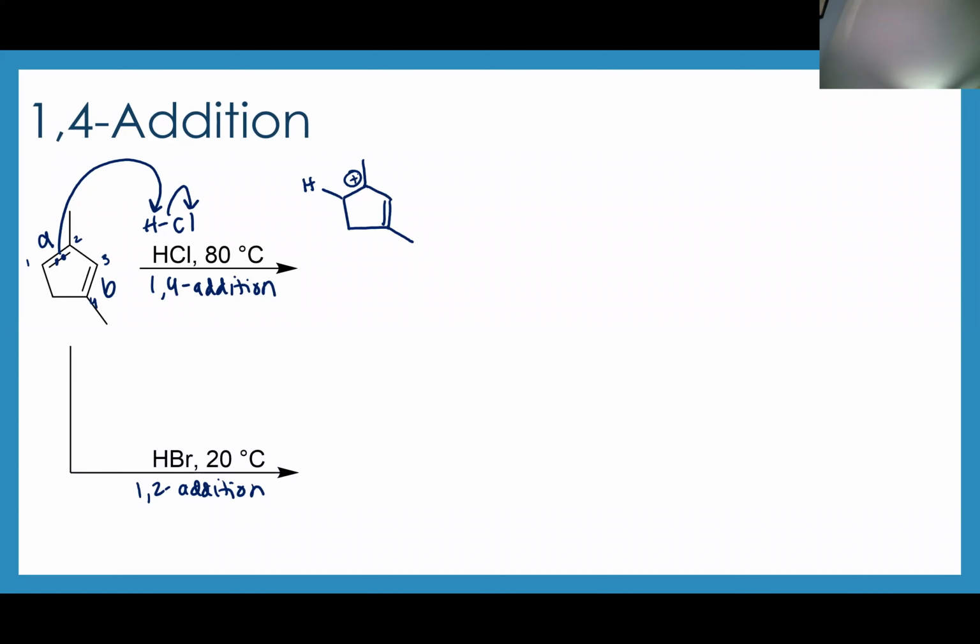So if we were in the 1,2 addition, as down here, we would just finish it up by plopping the bromine onto that carbocation. So that knocks that out. In the 1,4 addition, what happens next?